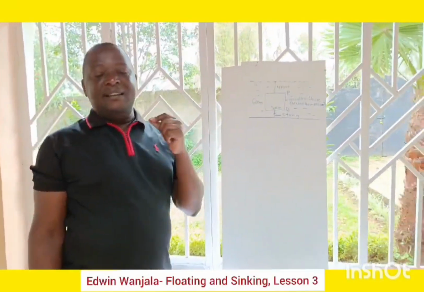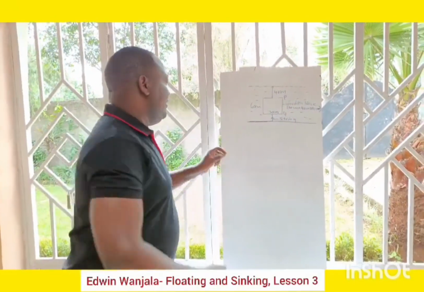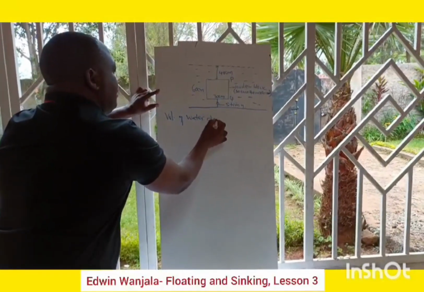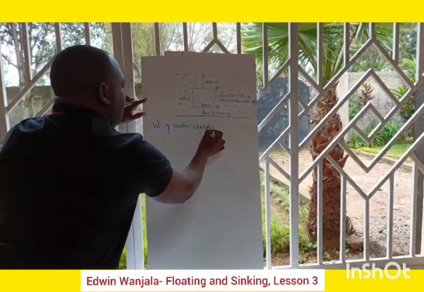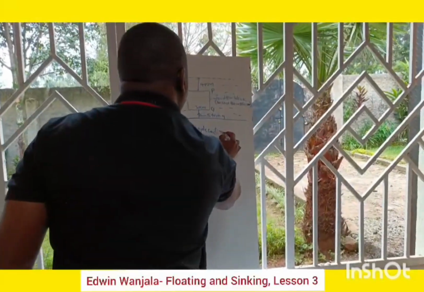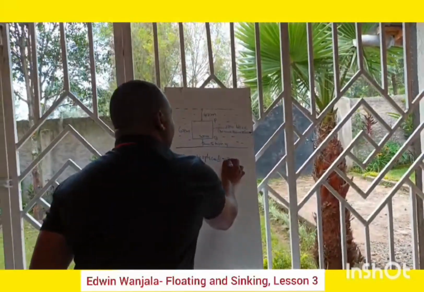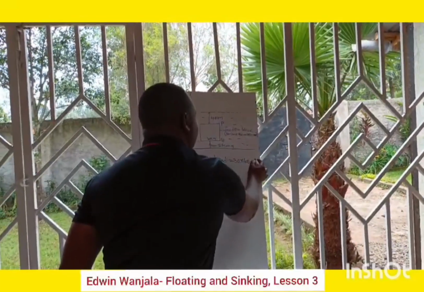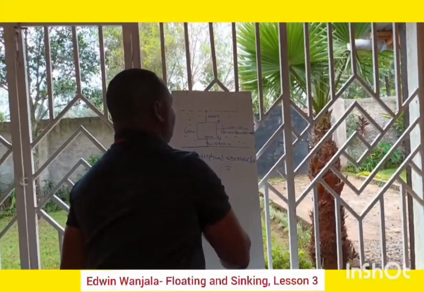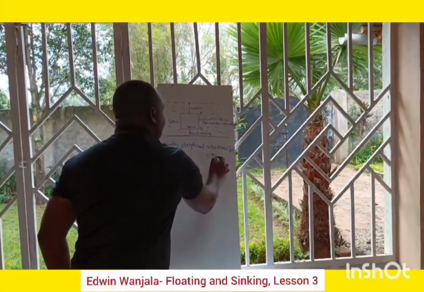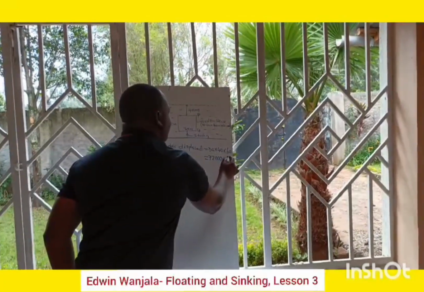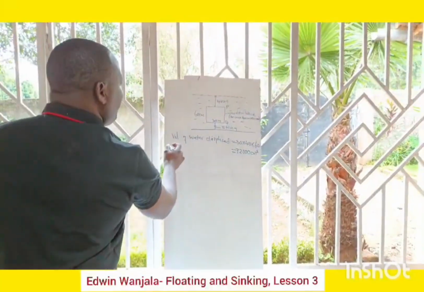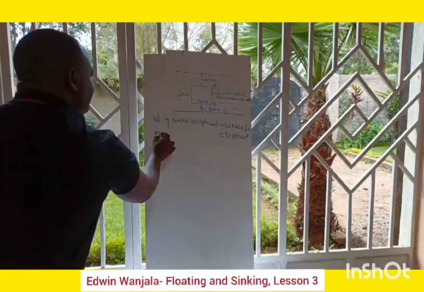So in this case, we need to get the volume of water displaced, which is equal to 30 centimeters by 40 centimeters by 60 centimeters, which gives us 72,000 cubic centimeters.